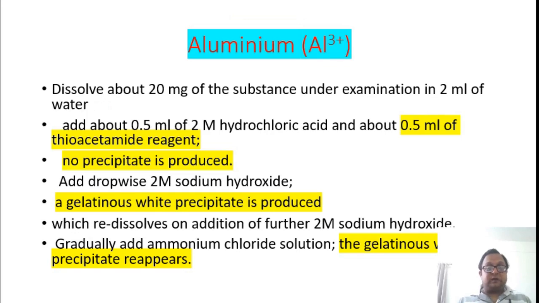The very first cation to be discussed is aluminium.